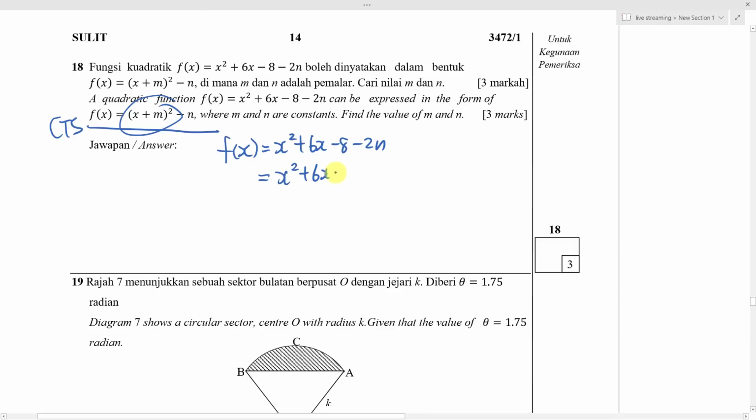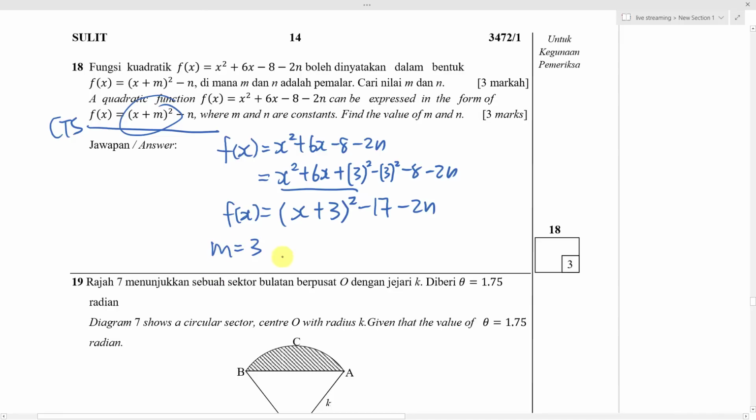X squared plus 6x plus 3 squared minus 3 squared minus 8 minus 2n. The first 3 terms we can combine to become x plus 3 squared. And then this one is minus 9 minus 8, which is minus 17 minus 2n. This is my f(x). The question asks me to find m and n. So I know my m equals 3.